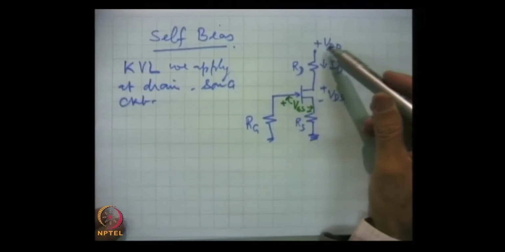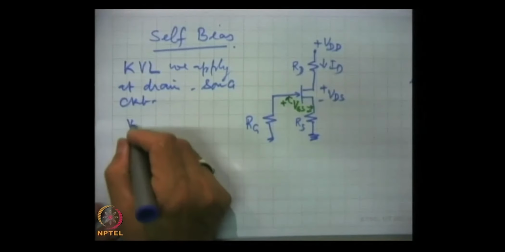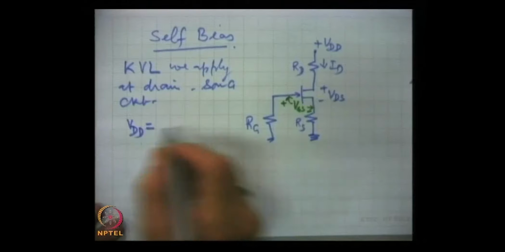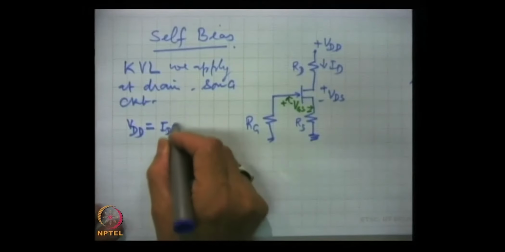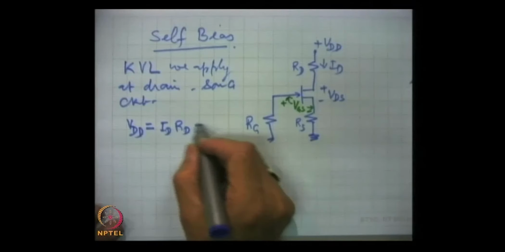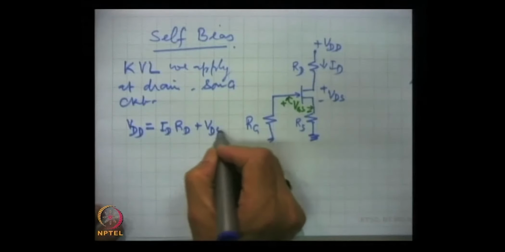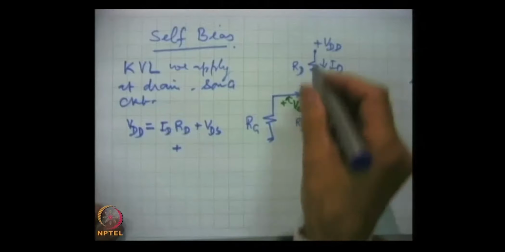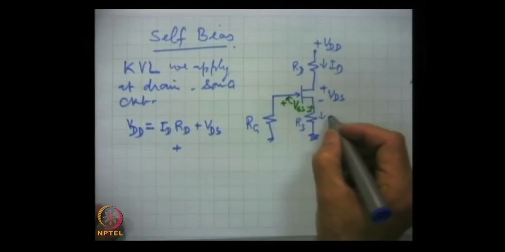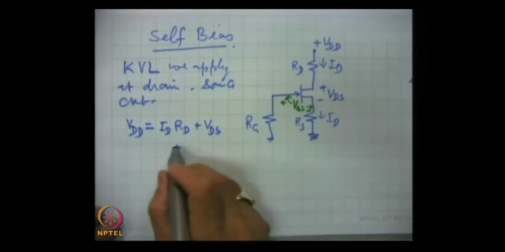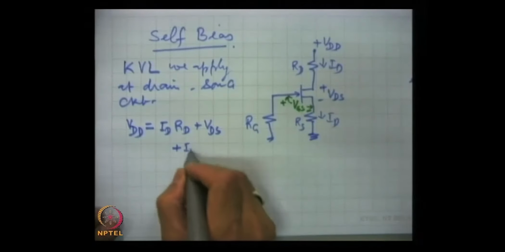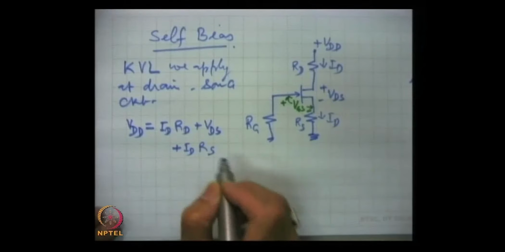So, we start with VDD, this is equal to ID RD plus VDS plus the same current flows here, ID RS.